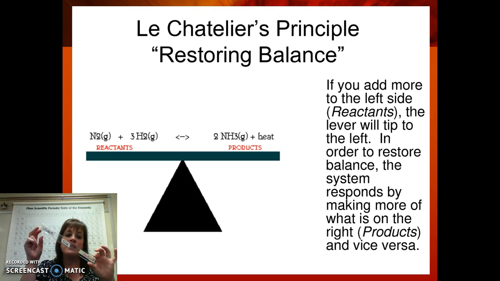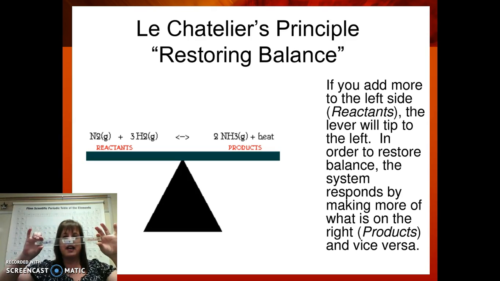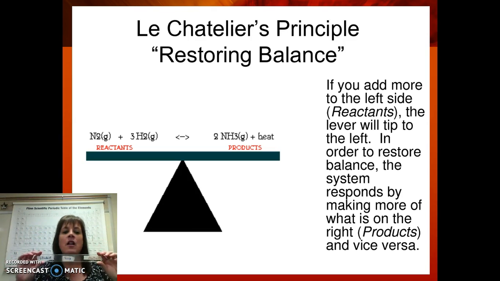So what happens is the reaction will want to restore balance. It wants to be all leveled out here. So in order to do that, it's got to produce more of this, right? This has to be heavier so it can get back in balance. So LeChatelier's principle is all about keeping a balance and restoring that balance if somebody stresses it out.